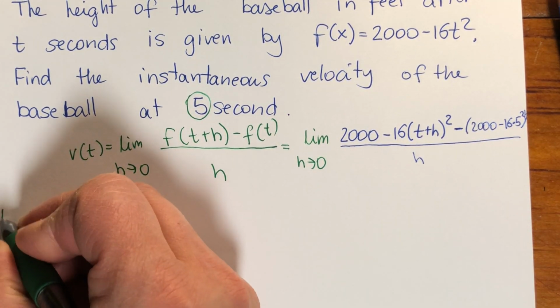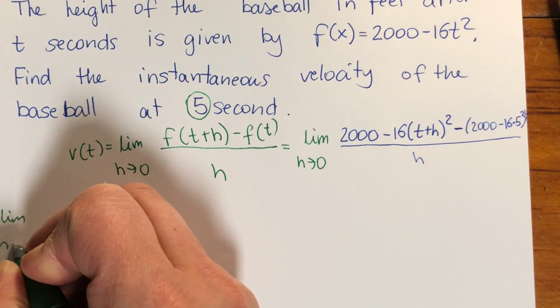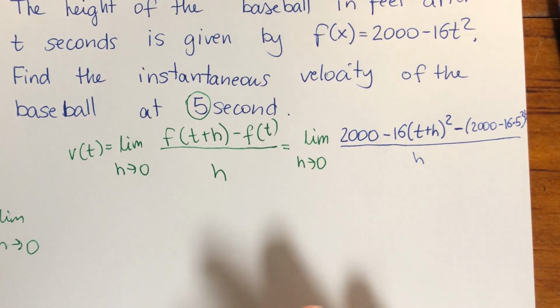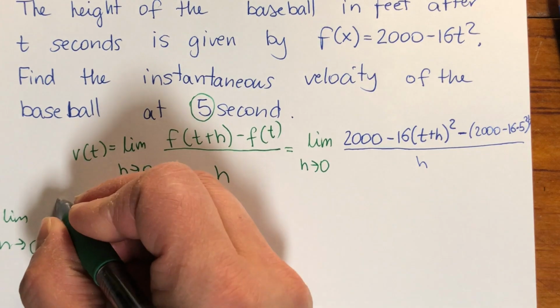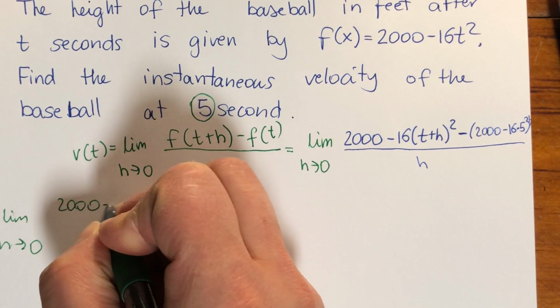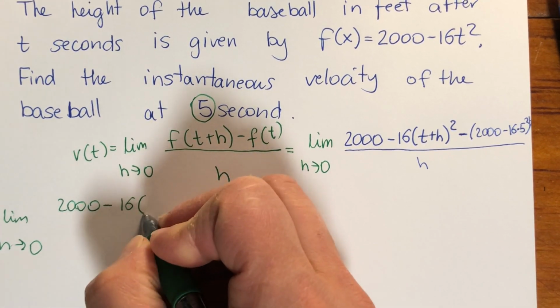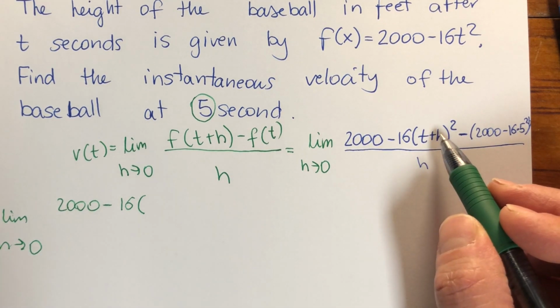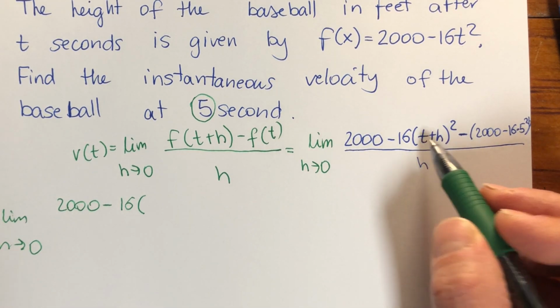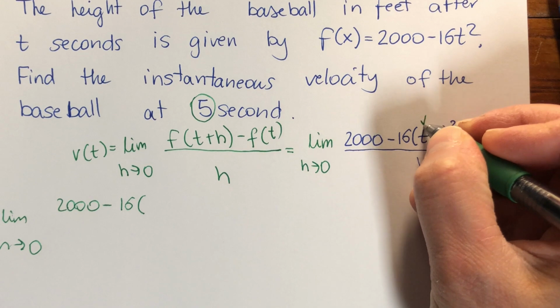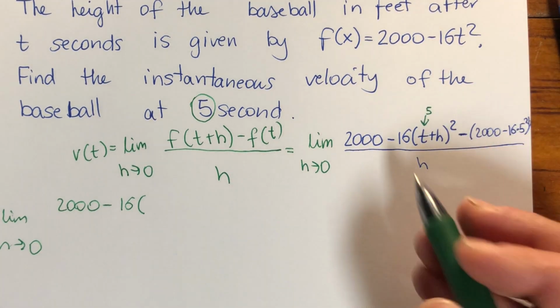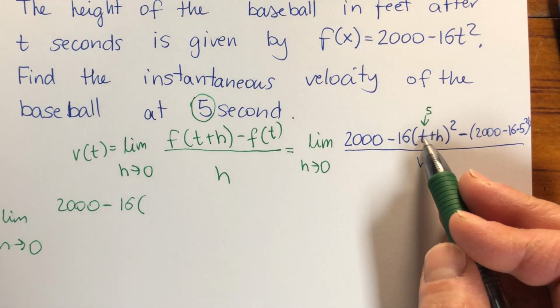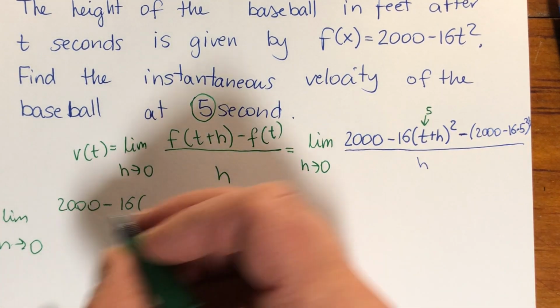So I am going to have limit as h is approaching 0, 2,000 minus 16. Well, I have to do this out. I didn't plug in the 5 for t, which I should have. Nobody said anything. So I will plug in the 5 for t, and I will multiply it out.